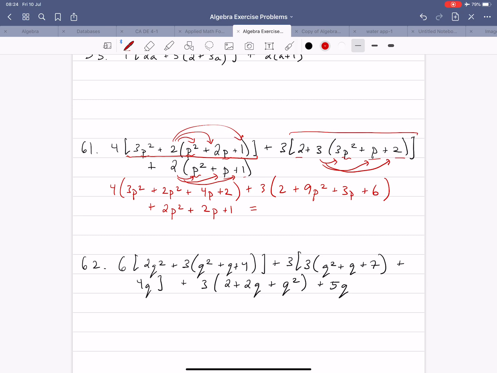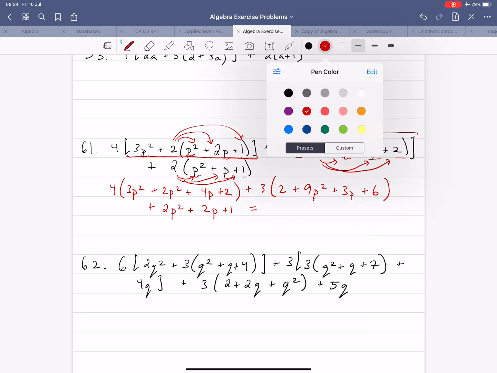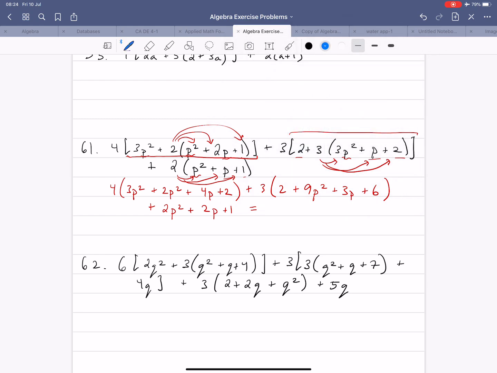Now, I'm going to do one thing which simplifies the expression here in parentheses, which is combine these two p squareds, or the two terms that have p squared in them. So this 3p squared plus 2p squared is just 5p squared.